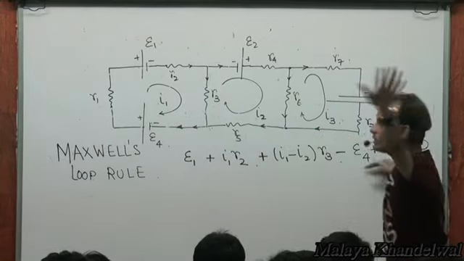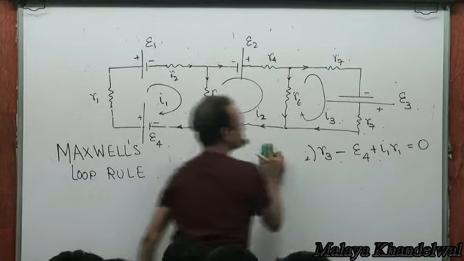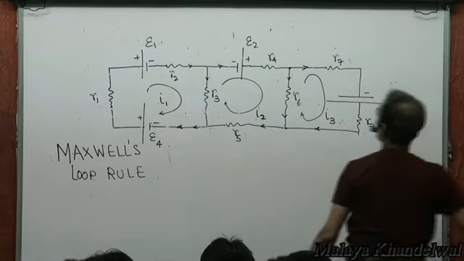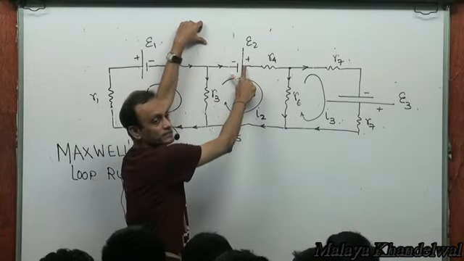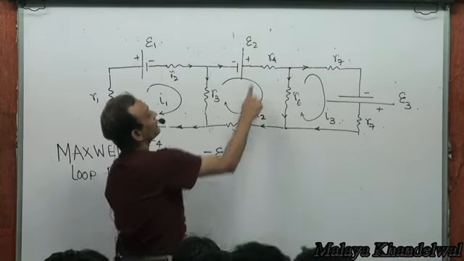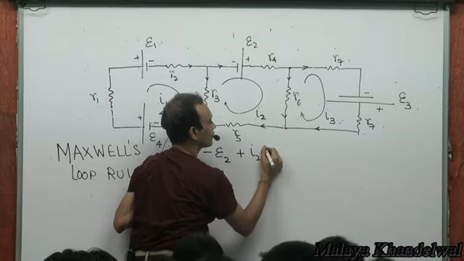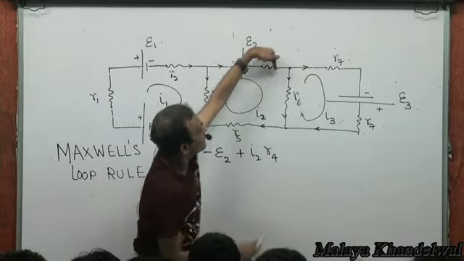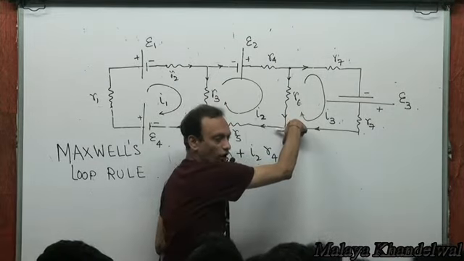Let me apply KVL to loop 2. KVL applied to this loop now. From here to here there is an increase, so minus epsilon 2. Then I2 into R4 is the drop. Right? And then from here to here, realize I2 going this way and I3 going this way is like I2 minus I3 going this way.